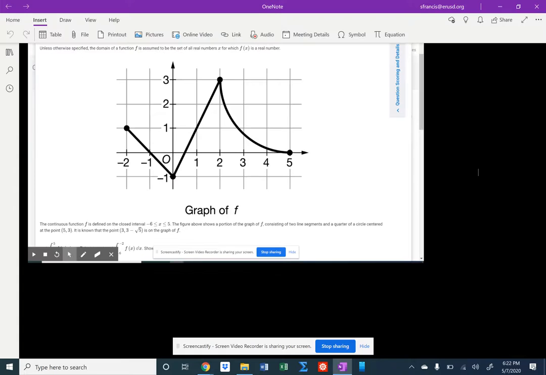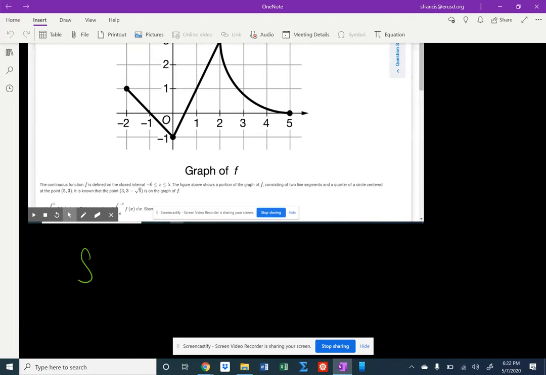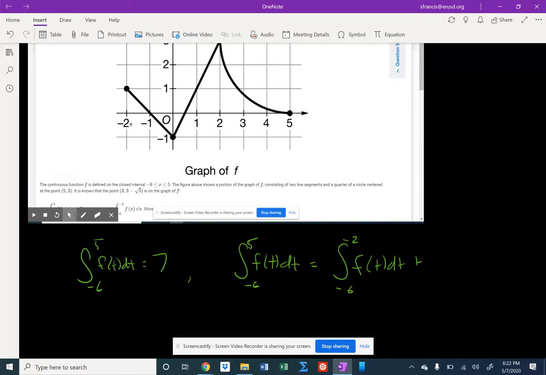All right, so let's go do this. This is mostly a geometry problem. So let me see if I can put some things down here. The integral from -6 to 5 of f(t) dt is equal to 7. And then what we should know is that it can be broken down into the integral from -6 to -2 of f(t) dt plus the integral from -2 to 5 of f(t) dt.